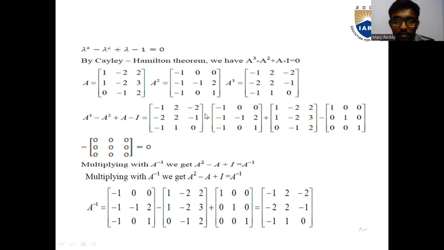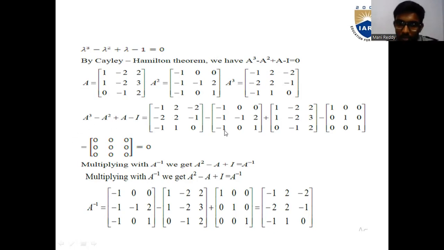Here we know A cube, A square, and A. We substitute these matrices in the characteristic equation. The main point is that this value must be 0.